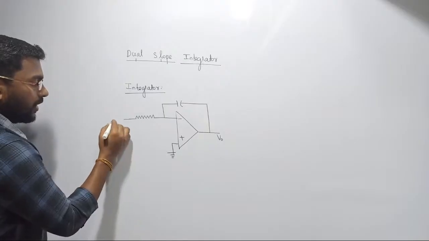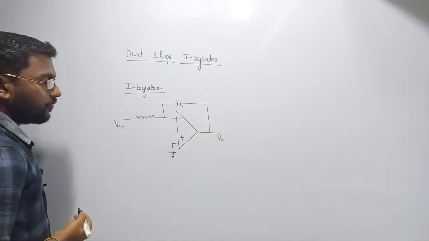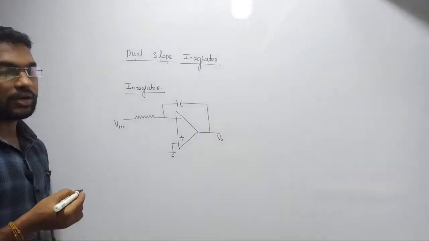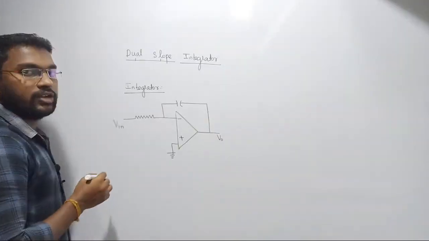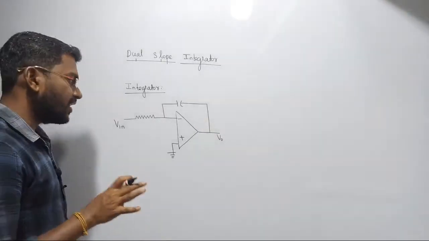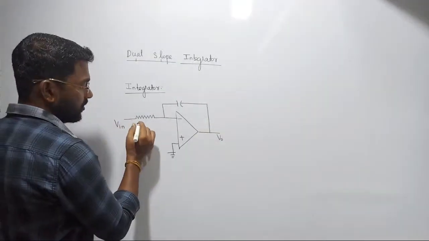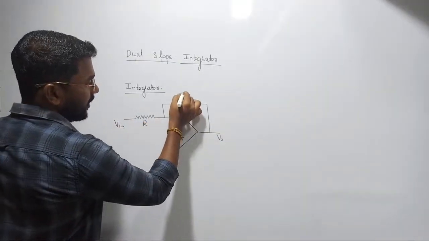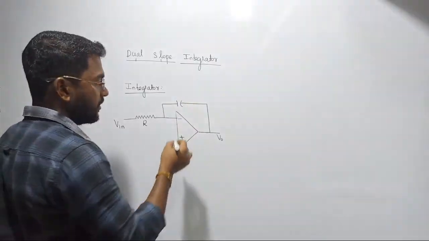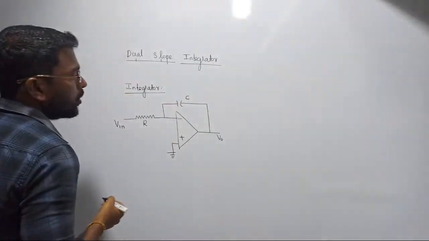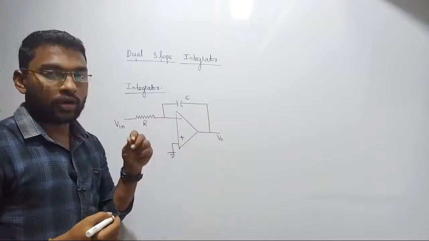Here is the point where we are going to apply the input value. You can call it the input voltage or reference voltage or analog voltage. Anyway, we are going to consider two voltages; later we will see. First I'm considering some voltage here, that's all. This is some resistor. Here we are going to consider our capacitance, C.